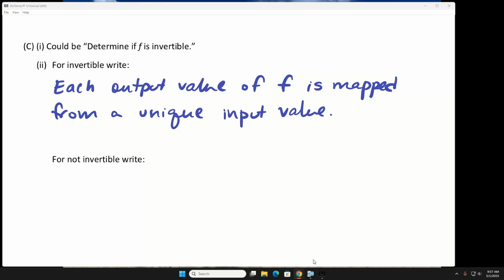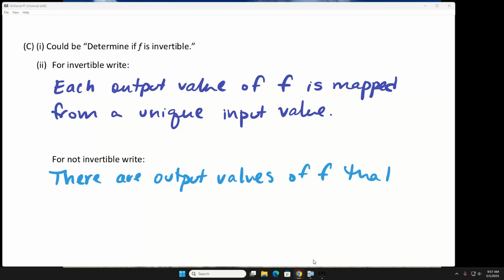And then if it's not invertible, then you're going to say something like there are output values of f that are not mapped from unique input values.